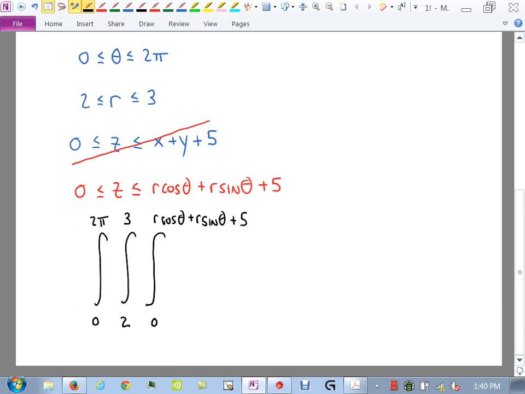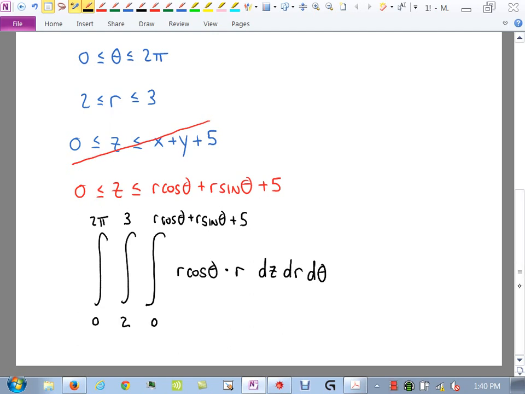And then what was my integrand? It was x, wasn't it? But x has to be converted from Cartesian to polar or cylindrical. We can say polar and cylindrical kind of synonymously as long as we understand that we're talking about the x and y part of it. That gets switched. So we have r cosine theta. R, good, don't forget the r. And then dz, dr, d theta.